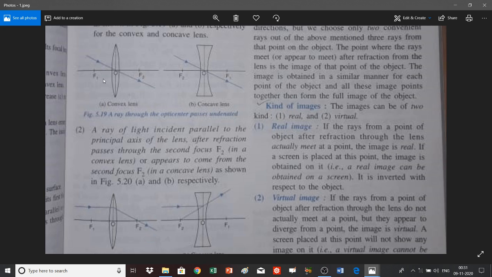A ray can fall on the lens in all possible directions and at all possible points, so you need not consider all of them. Considering only these two cases, you can understand the nature of the image. So case number one, the light passes through the optical center, and the other passes parallel to the principal axis. These two cases are sufficient.